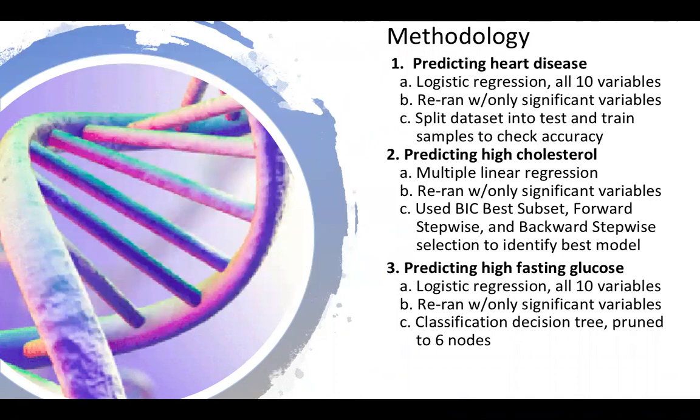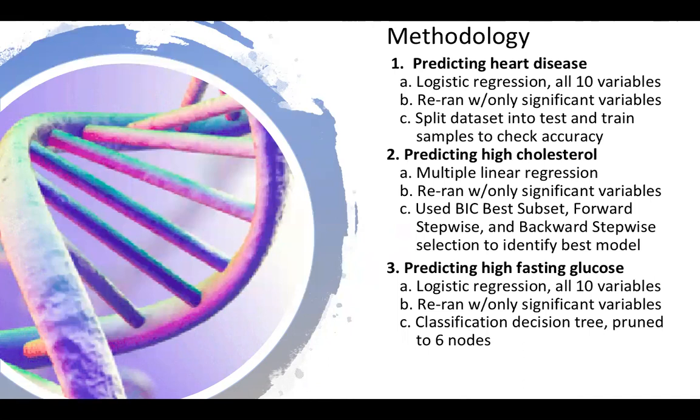The methodology that we used to test our hypotheses was as follows. For hypothesis 1, predicting heart disease, we ran a logistic regression using all 10 variables because the outcome variable of interest was categorical, either the absence or presence of heart disease. We then reran the regression using only the significant variables, and we split the data set into test and train samples to check the accuracy of our predictions.